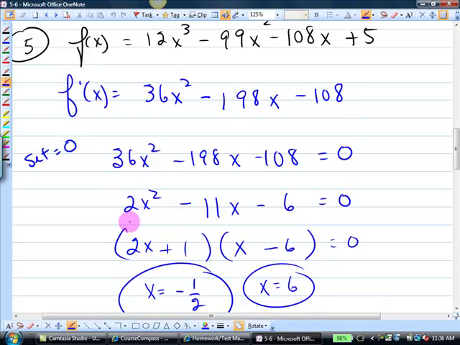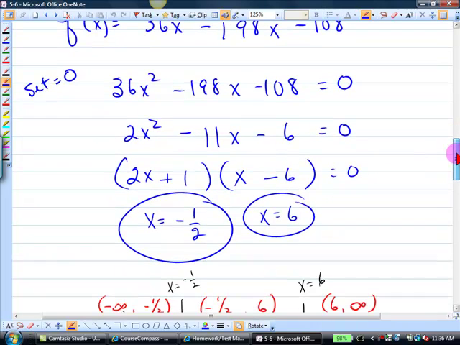First thing I'm going to do is decide what I can factor out. If I take 18 out of each of those, I'm left with 2x squared minus 11x minus 6. Some of these are not as easy to factor as others. What's the other way?